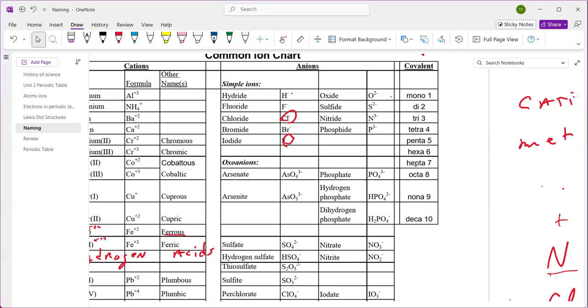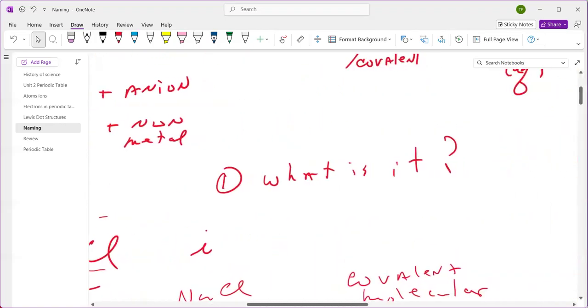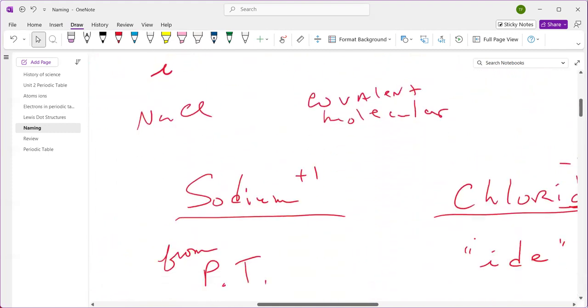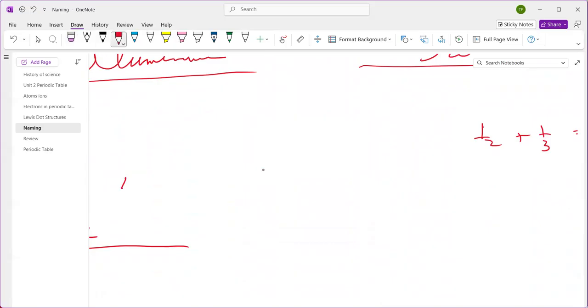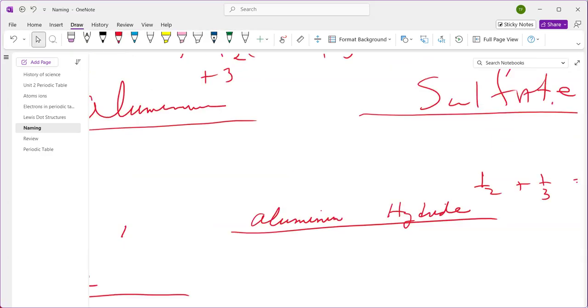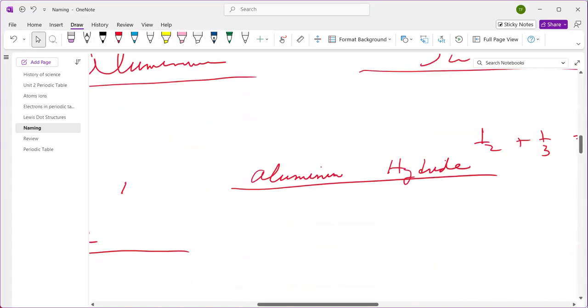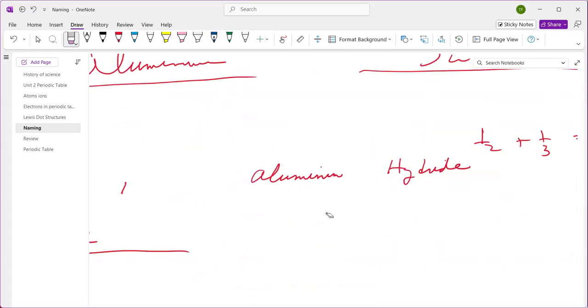For example, if we were to write aluminum hydride.